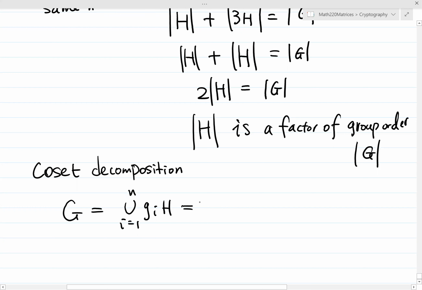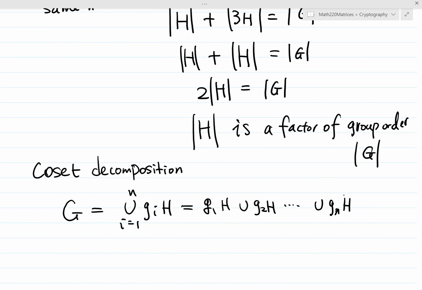So this is g_1 H union g_2 H union up to g_n H. These equivalence classes are pairwise distinct. The intersection is empty. They do not overlap.